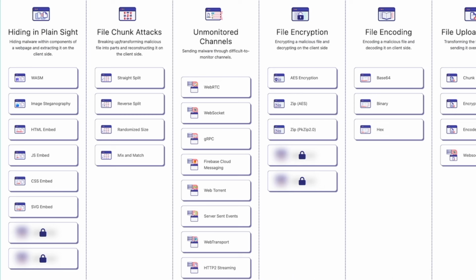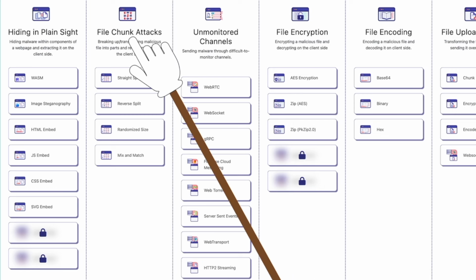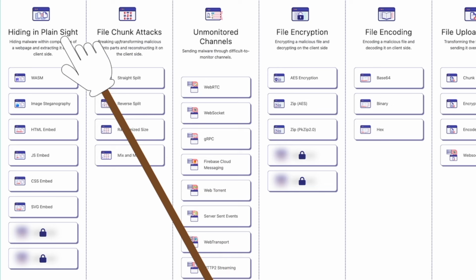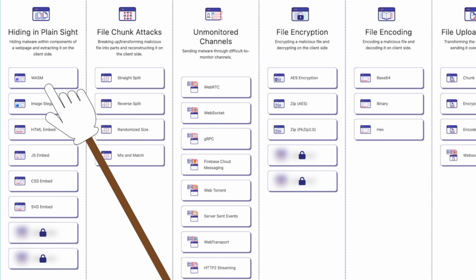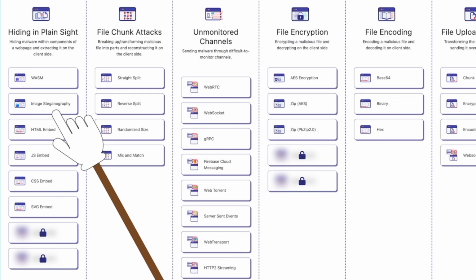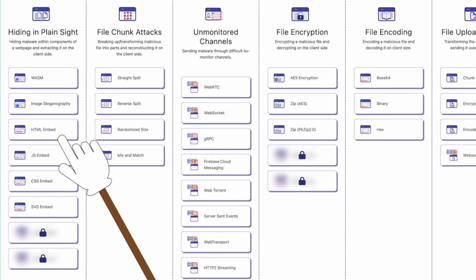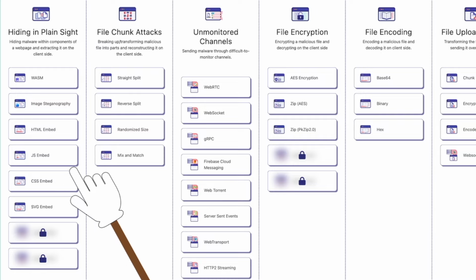Everything else you see in here falls under the second exploit, where the malware is delivered in an unusable form and then constructed at the browser. So a very simple example would be to send it in chunks, as I showed you earlier in the presentation. You could also hide the file in plain sight. For example, you can send the file using the WASM protocol or inside an image and then extract it out of the image, inside the HTML page, inside a JavaScript, a CSS, an SVG, and so on.